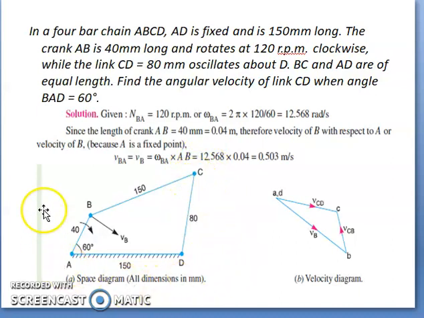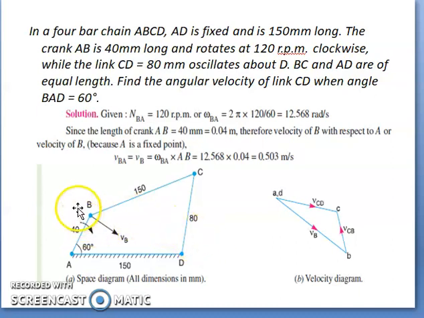Now we are going to draw the velocity diagram of the mechanism. We have the points A and D as fixed. Since the points A and D are fixed, you can represent the link AD by a single point, A, D. Whenever we are finding the velocity with respect to the point A or D, it is called absolute velocity because those two points are stationary.